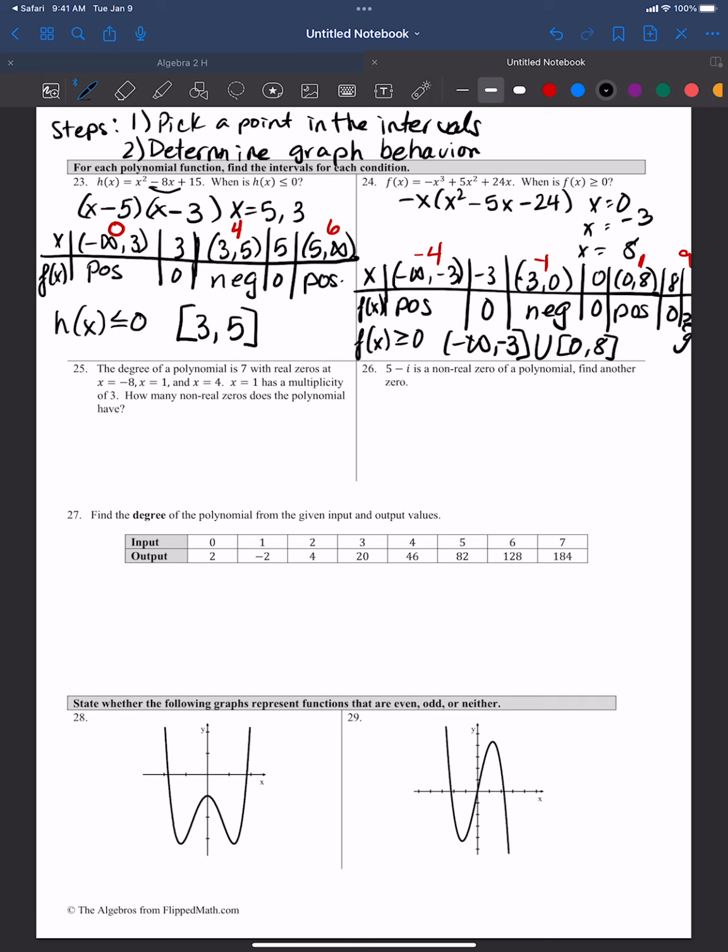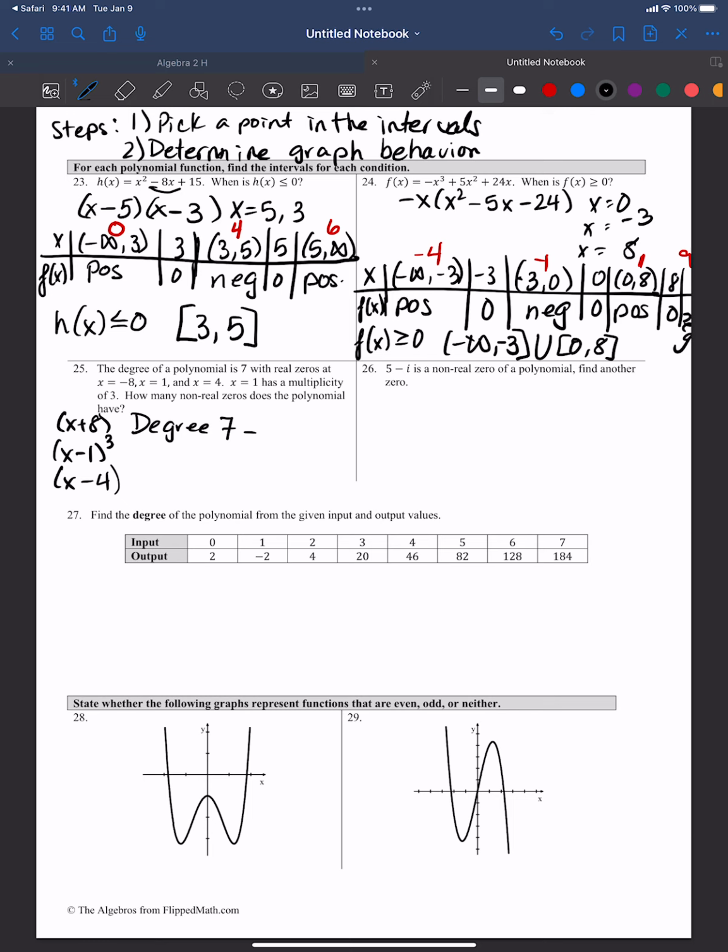Okay, so this means that I have x plus 8, x minus 1 cubed, and then x minus 4. So I'm going to write it out like this so I can visualize it, right? Because that's going to be a degree of 7.